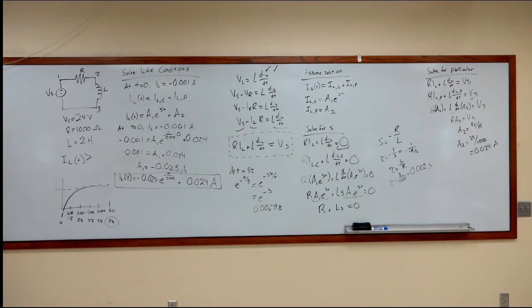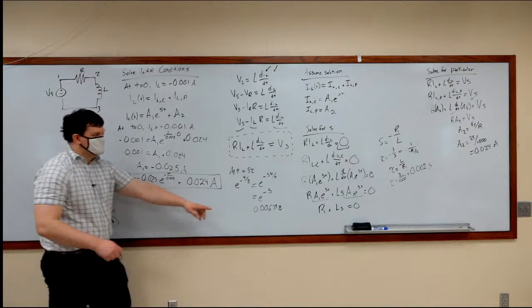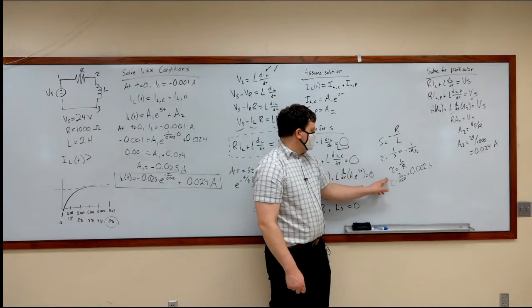If you increase the inductance, is that going to make it take longer or shorter for this to reach steady state? Actually, it should take longer. Yep, because tau and L are directly proportional.